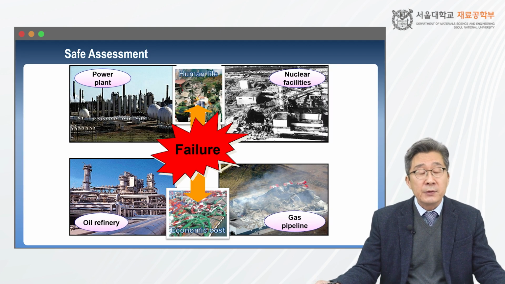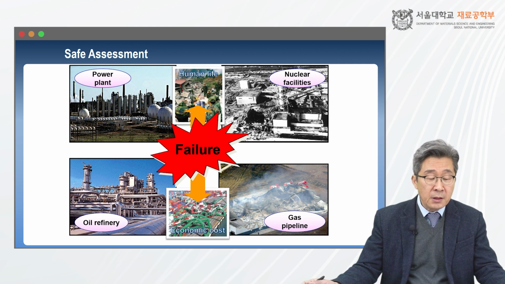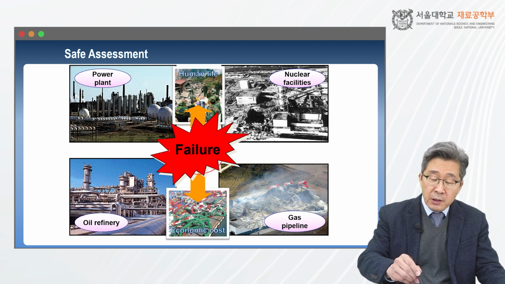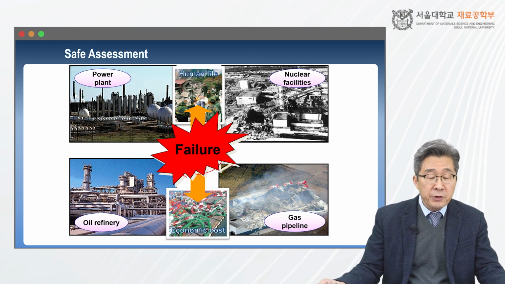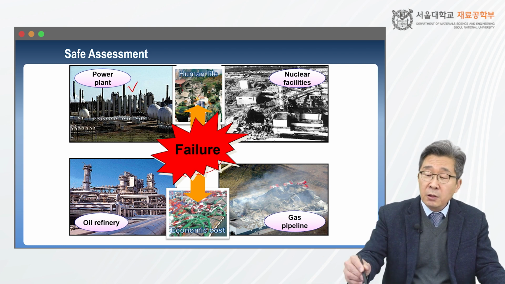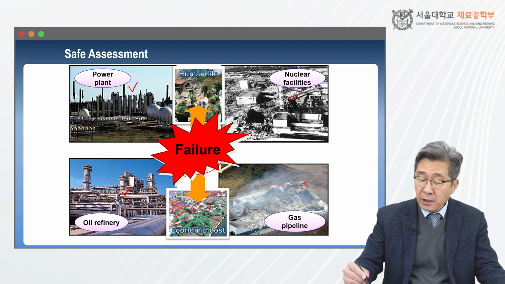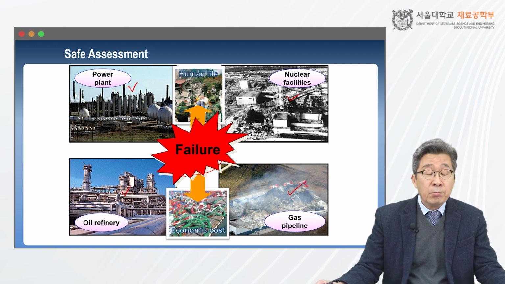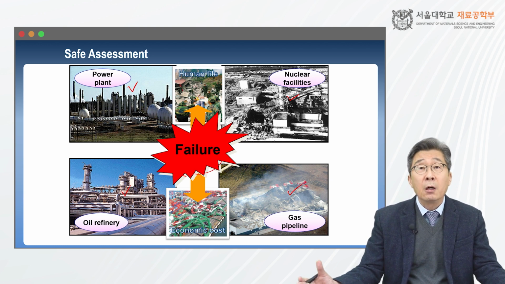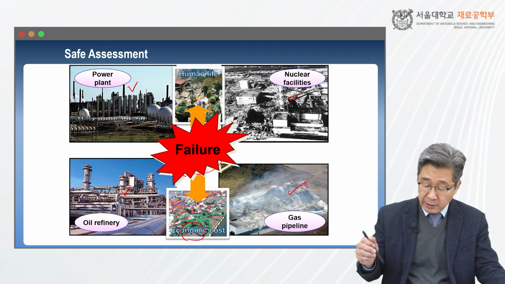As you realize, safety assessment is an indispensable procedure to prevent catastrophic failure of industrial structures and facilities such as power plants, nuclear facilities, oil refineries, and gas pipelines, because breakdown of such large structures causes a lot of damage socially and economically.